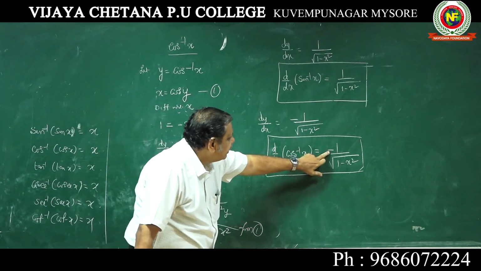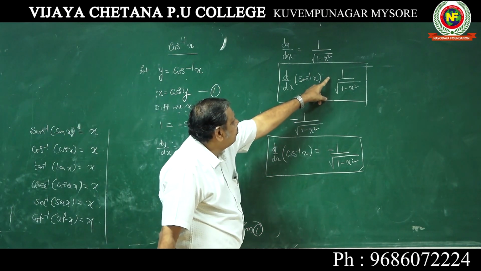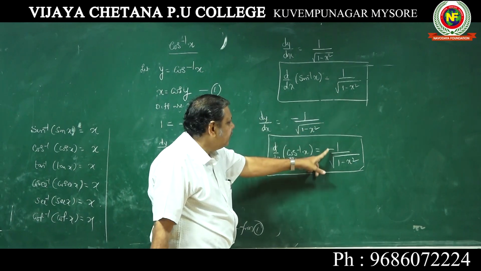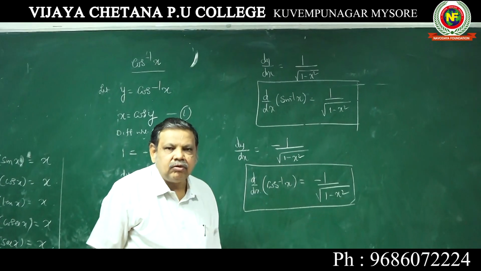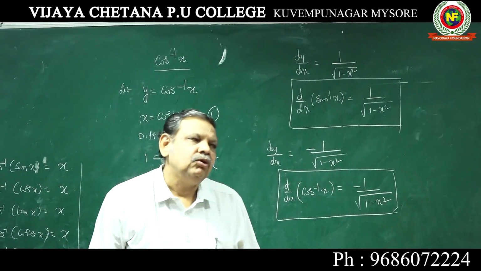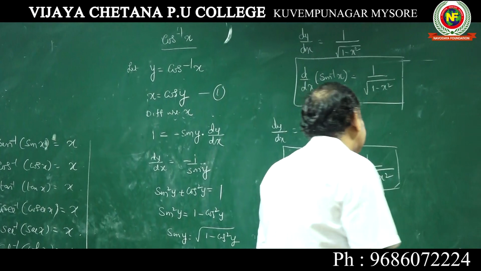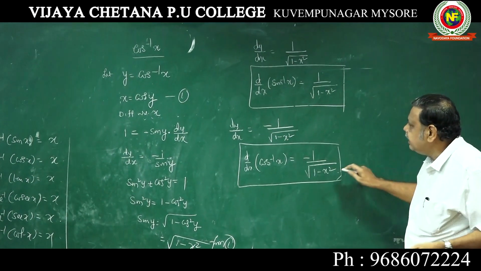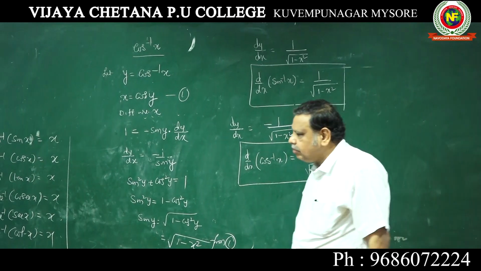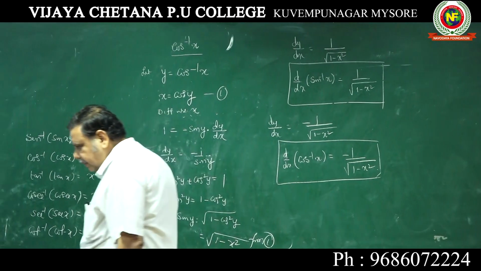Same thing except for the sign. It is plus 1 over root of 1 minus x square for sin inverse, and for cos inverse x it is minus 1 over root of 1 minus x square.